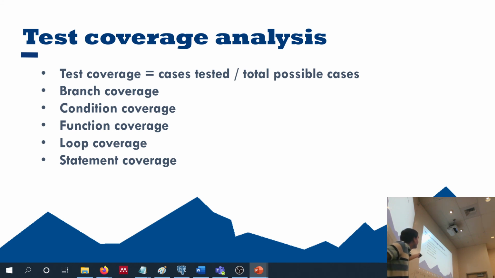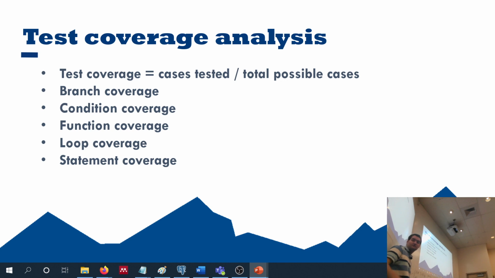Definitely will not be. All right, so you want to consider the branch coverage, looking at basically intersections. How does it interface with other things? Testing conditions: how does it handle conditional checks?